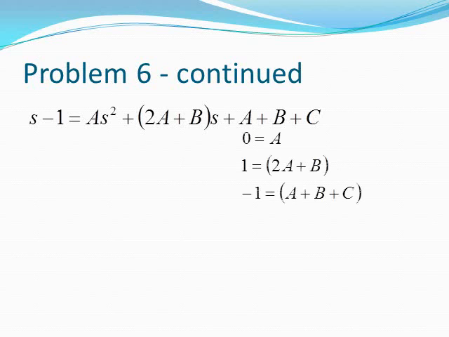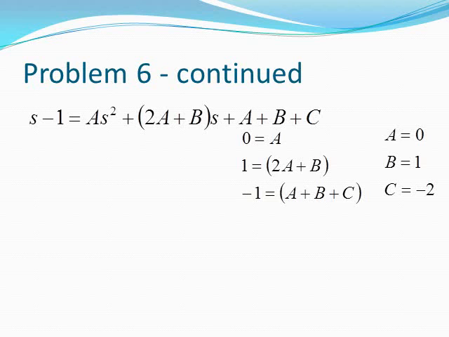So if I do this, I find out that a equals 0 for s squared. The s powers give us 1 equals 2a plus b, and the constant gives us a minus 1 equals a plus b plus c. Now, if you solve this for the constants, you will find out that b is 1, and c has to be a minus 2.